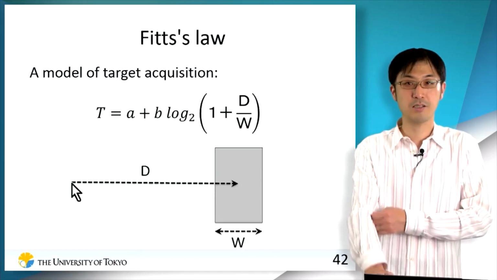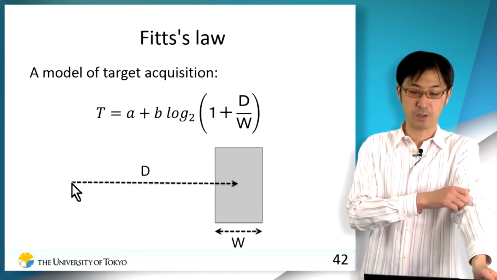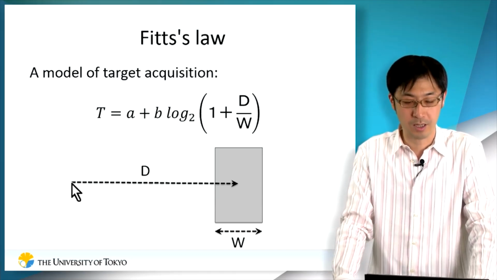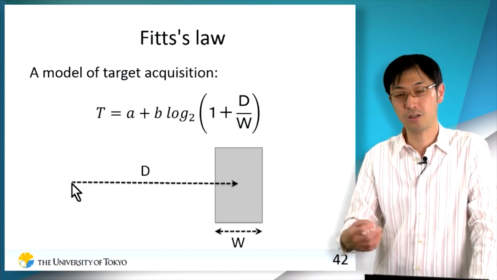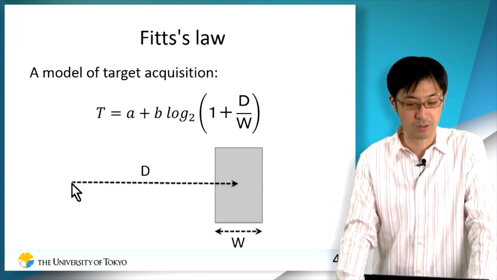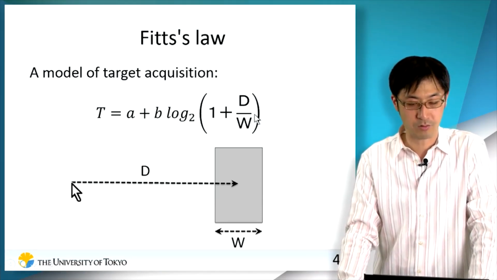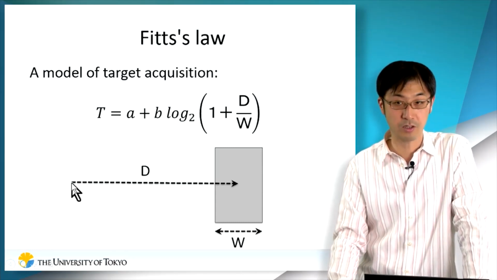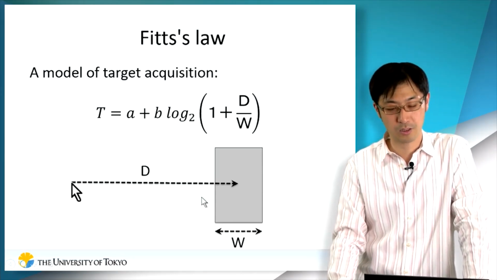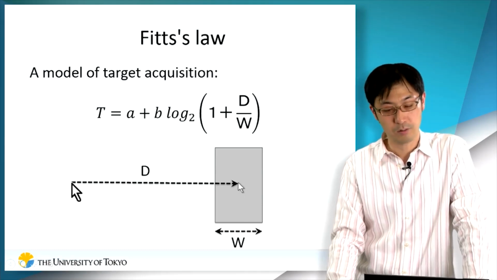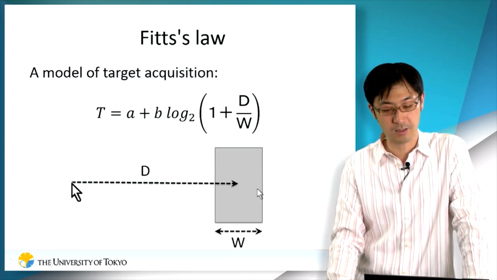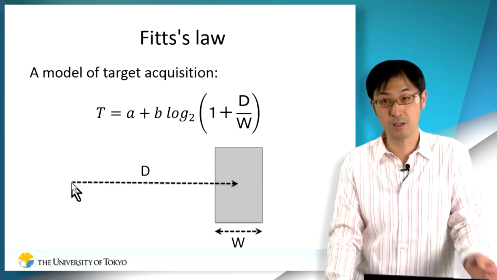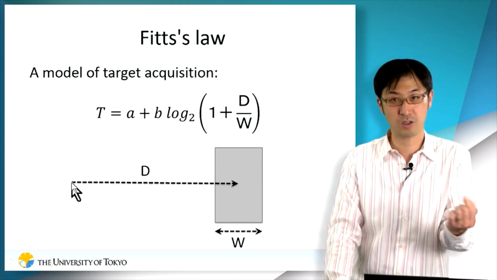By the way, this is a little bit of background knowledge about pointing. Pointing is a very popular topic in the HCI field, and pointing performance is modeled by an equation called Fitts' law. Suppose you have a mouse cursor here and you try to point at a target at distance D, and suppose the target size is W. Here we consider only one-dimensional motion.